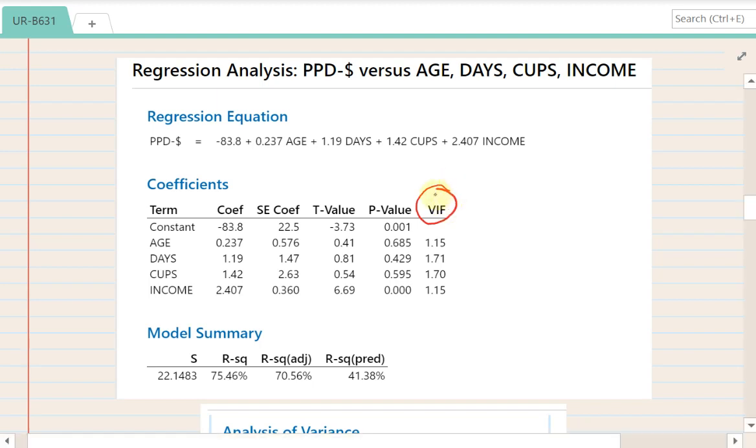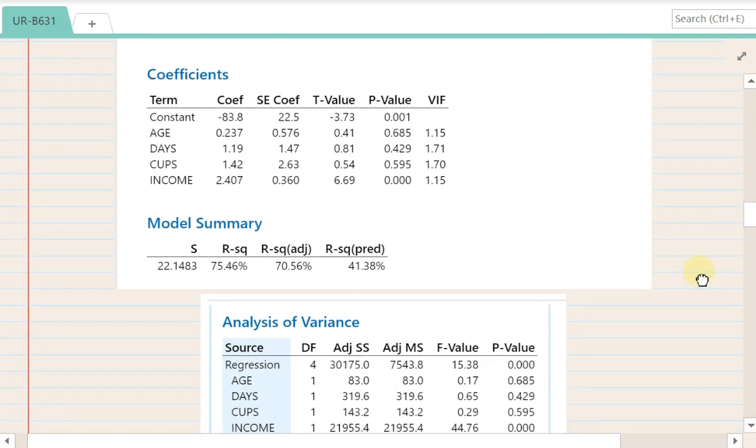What the Variance Inflation Factor does is look at whether there is multicollinearity between these variables. What do we mean? I have all of these coming up, so let me save that for later. But that's what that is.